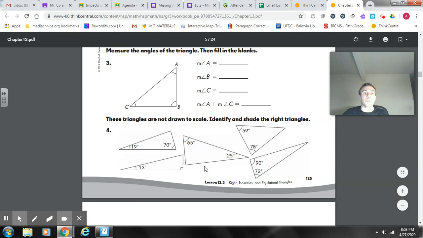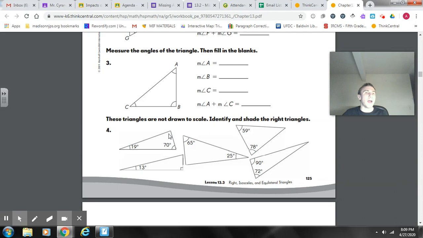When we look at these problems down here, you want to be careful and think about, are these possibly right triangles? So for example, if I add 70 and 19 together, I'm going to get a number. When I subtract that number from 180, since I don't see a right angle box just yet, if that number isn't 90, this triangle will or will not be a right angle.